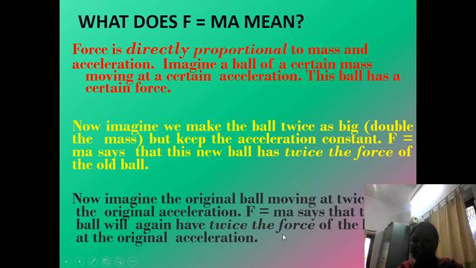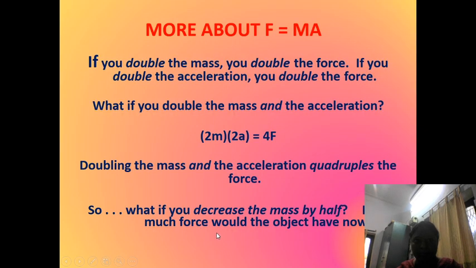So if mass or acceleration changes, it will have a direct effect on the force applied. If you double the mass, you double the force. If you double the acceleration, you double the force. Whatever changes in mass and acceleration are applied directly show an effect on the force.